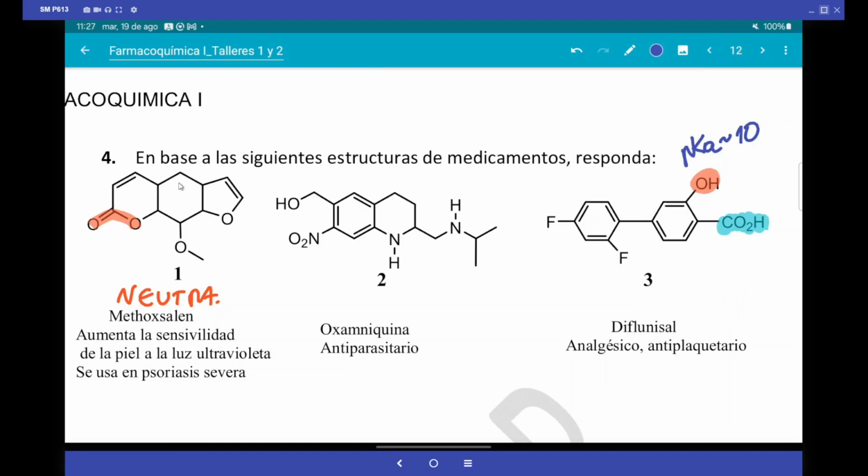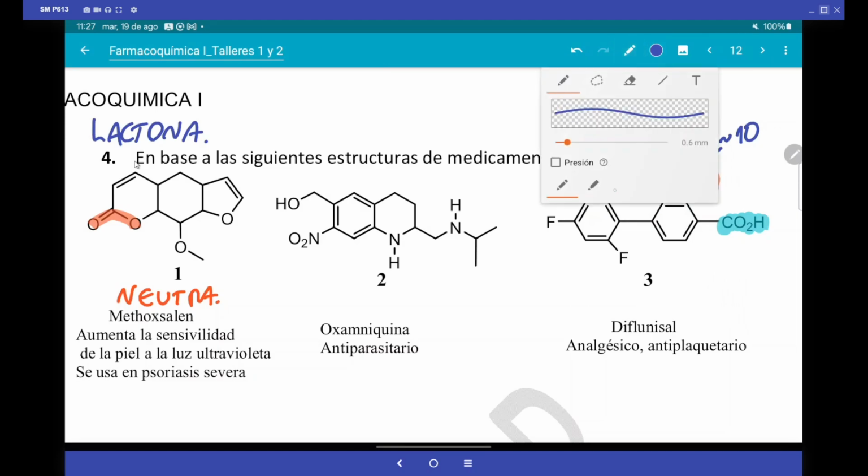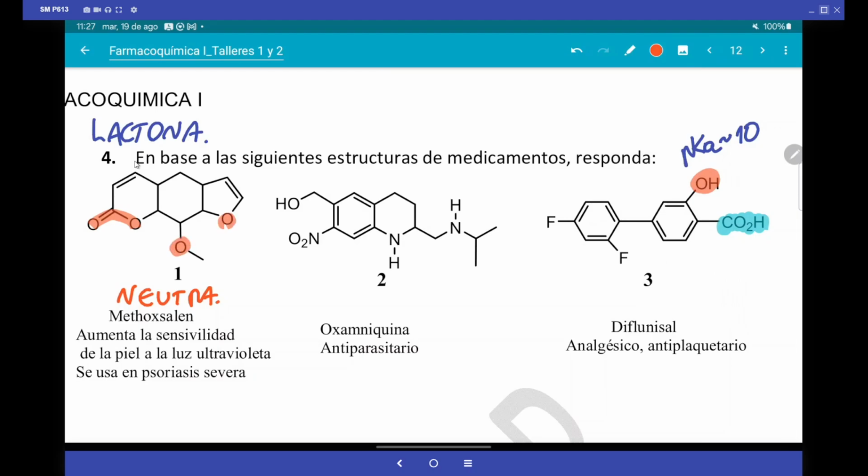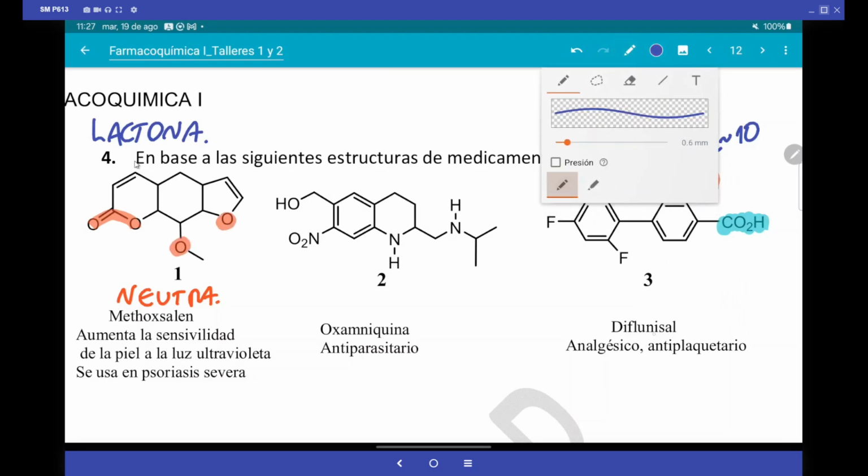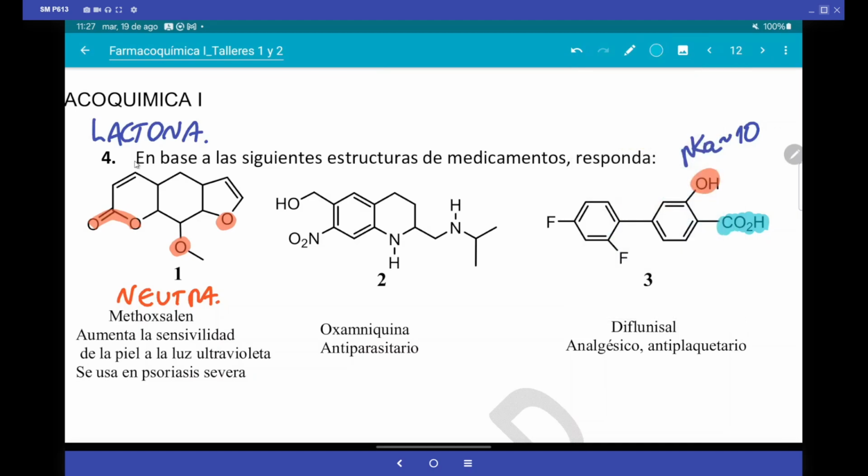When one, we have the N-acetyl, but this is a cyclic ester or lactone. And it is good to add some names, and these others that are here are ether-type oxygens. Those functional groups are open or cyclized.